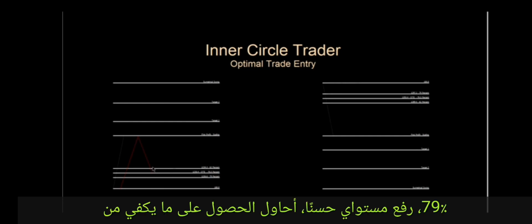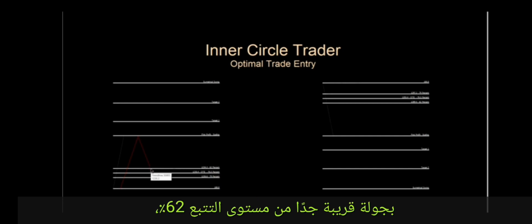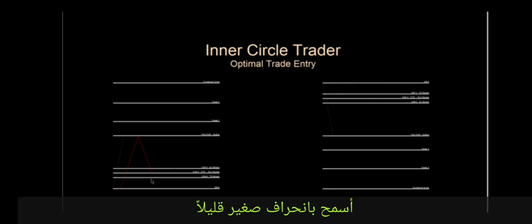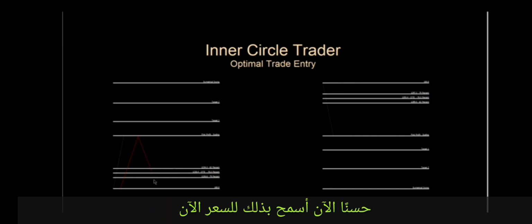I try to get my fill at 62. Just so everyone knows, for completeness' sake, I try to get at or very close to the 62% retracement level. I allow up to a little small deviation below the 79% retracement level to 80. Okay, I'll allow that for price.